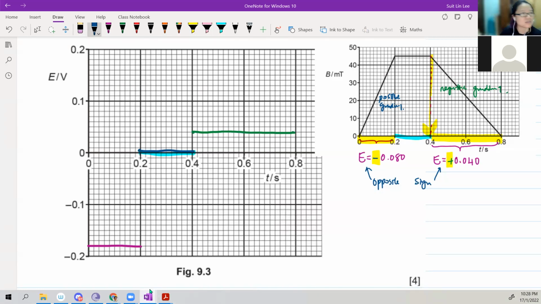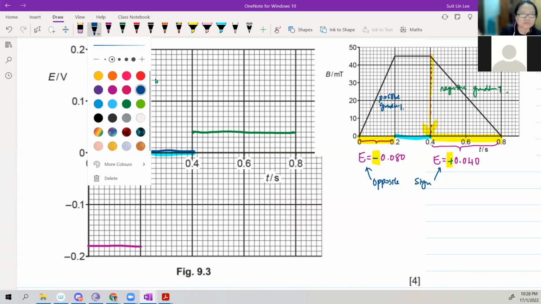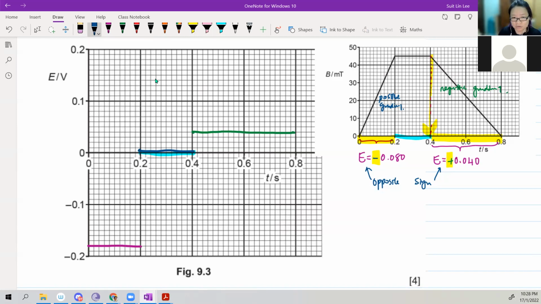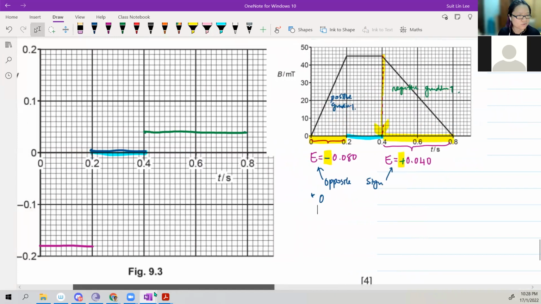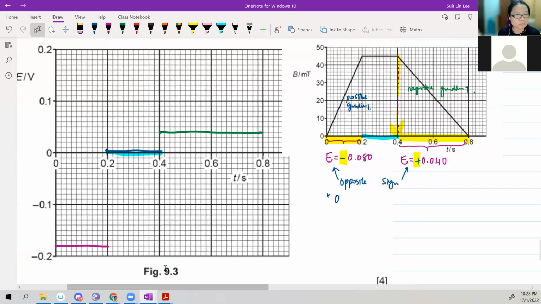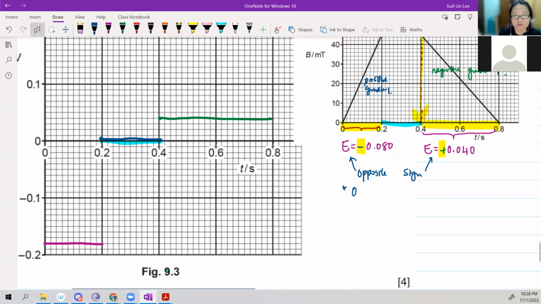So this opposite sign could also be because from 0 to 0.2 second, B increases.